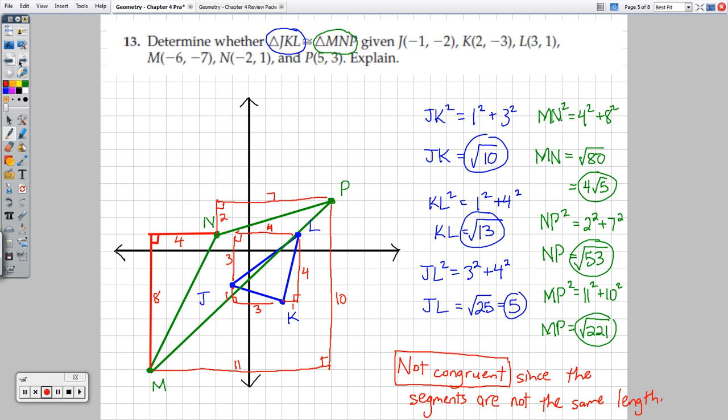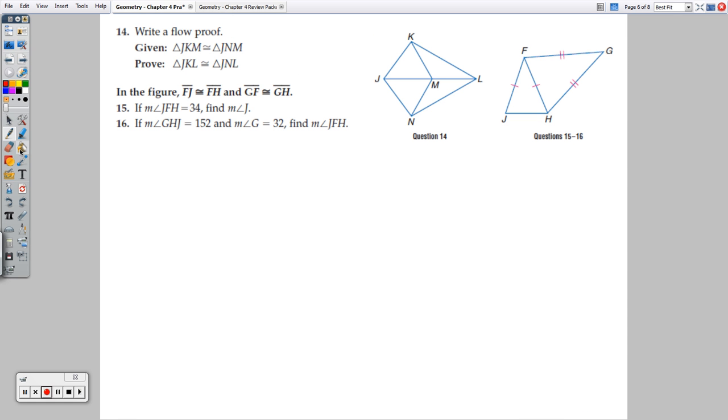Number 14, writing a flow proof. So number 14, given this is true, we're using this for question 14. So we are given that JKM is congruent to JNM.